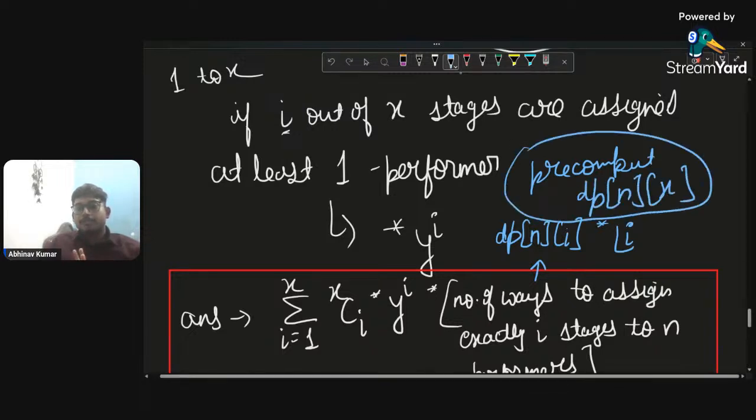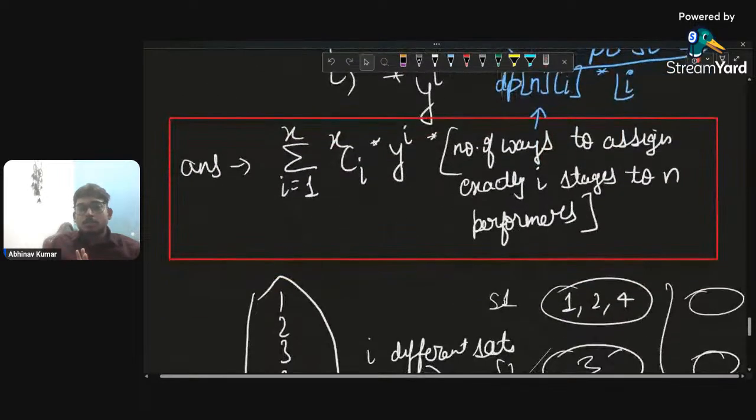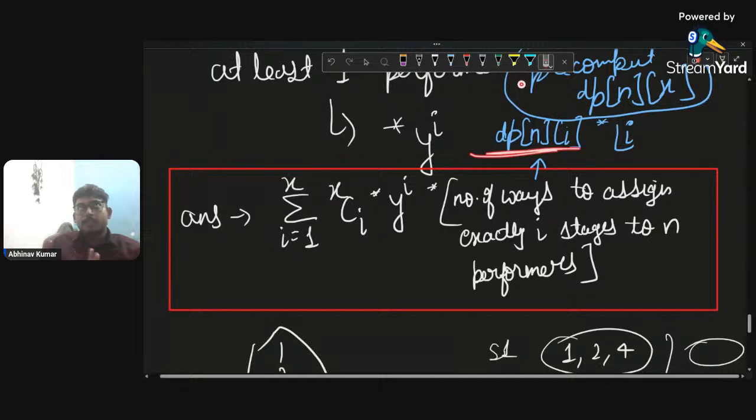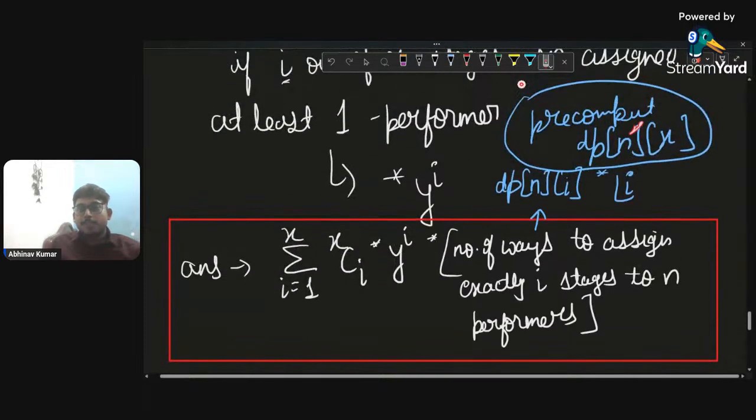If you pre-compute a dp of n cross x, that would take n into x time. So for every i from 1 to x, in order of 1, I can write the value. This pre-computation would take n into x time, which is okay.